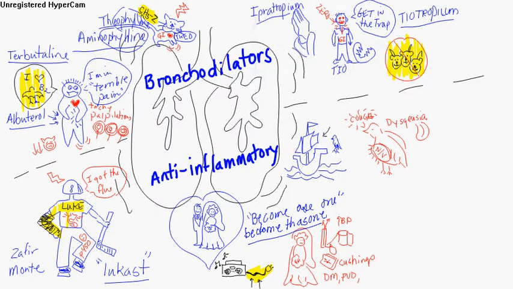That is the class they're in, corticosteroids, beclomethasone. The adverse effects, I was going to put this on the bride, but either way, you can get increased blood pressure, Cushing's syndrome, diabetes, and PUD, which is peptic ulcer disease. Those things can come up with beclomethasone use.